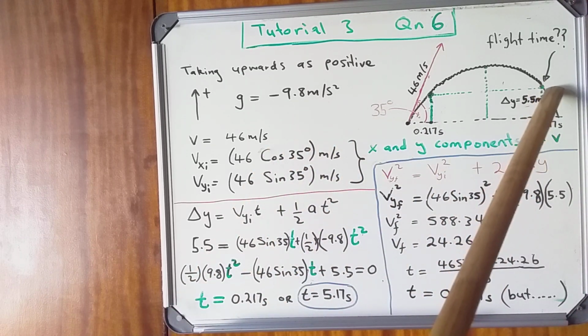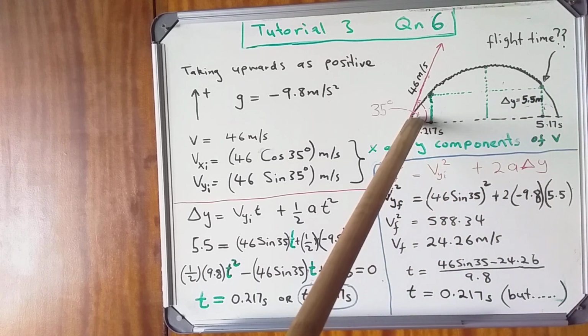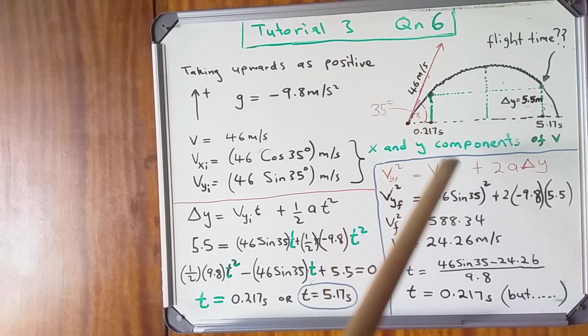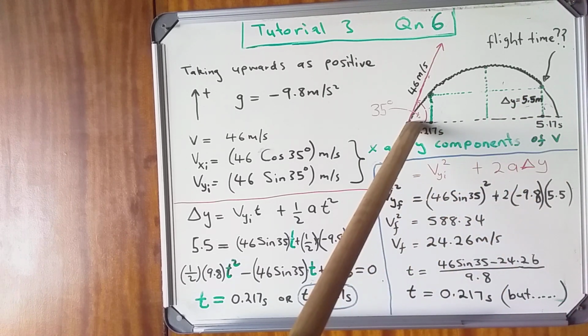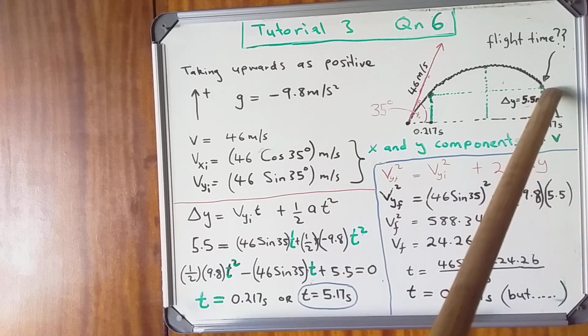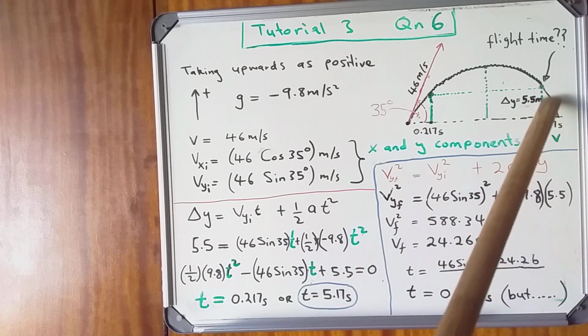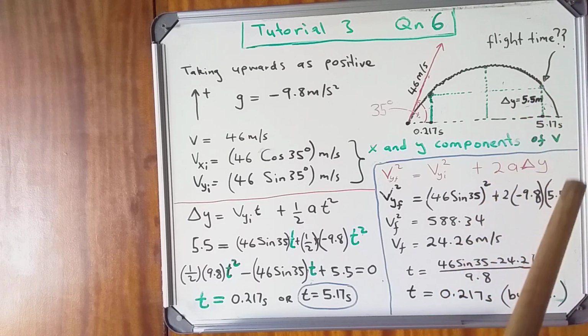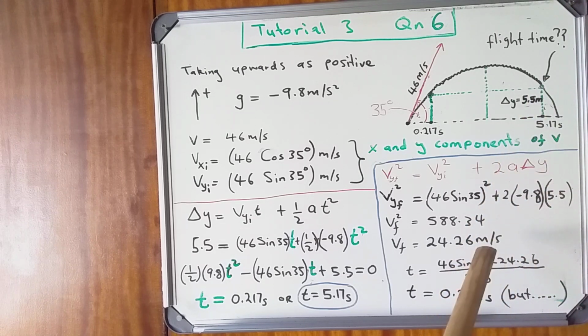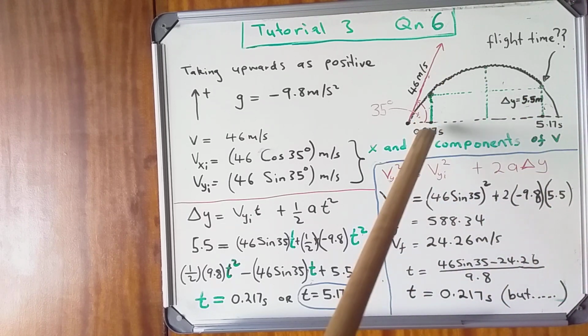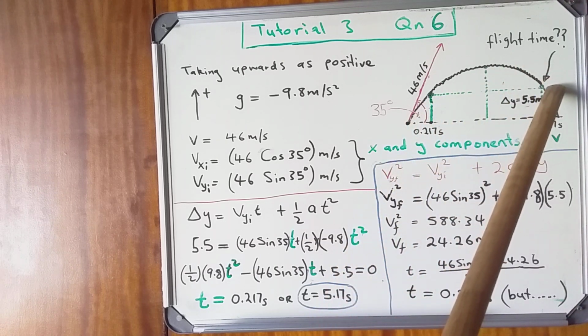In y, which is the distance above the initial point. So this change in y, it's always above where it was initially projected. Okay, so this is the change in y which you are looking for. Okay, so we want to calculate what time did it take for it to reach there.